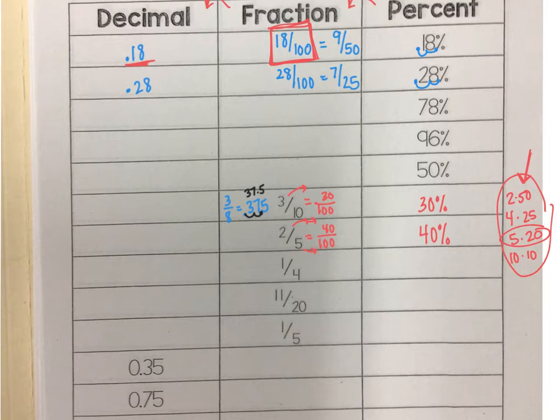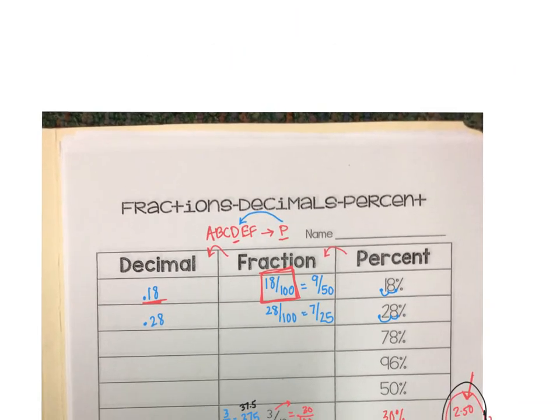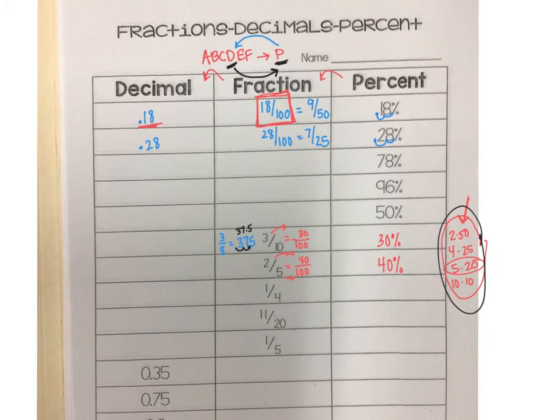Okay, so that's another way I can solve those problems. That's probably one of the trickier ones. When my denominator is one of these, it's pretty easy. When my denominator is not one of these numbers, I divide to make a decimal. And then remember my song up here? A, B, C, D, E, F to P. To go from a decimal to a percent, I move 2 places to the right. All right?